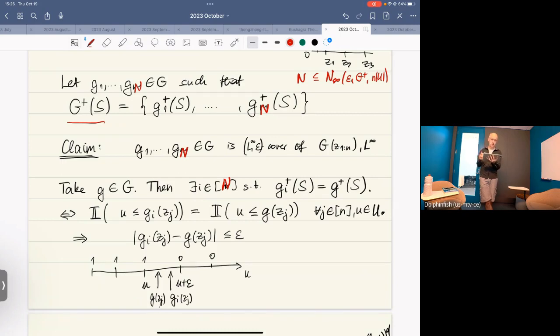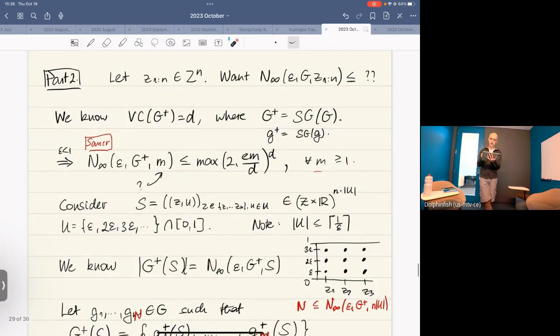How do we do this? Let's take any element of G. We are bounding the uniform L infinity entropy for n points.